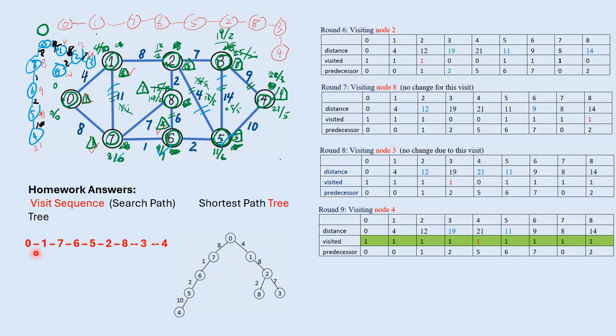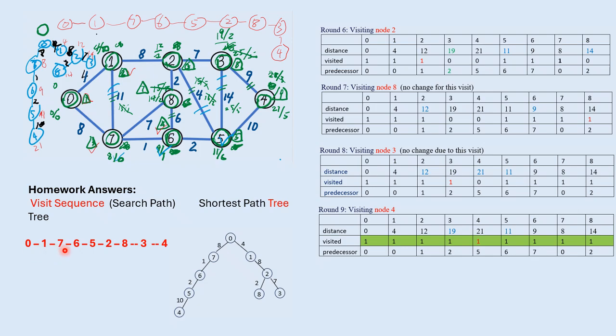The visiting path is the sequence you actually visit, following the algorithm, by choosing the node that has the minimum tentative distance, not necessarily the neighbors, not trying to tunnel through or things like that. The criterion for choosing the next node to visit is the key idea of Dijkstra's algorithm.